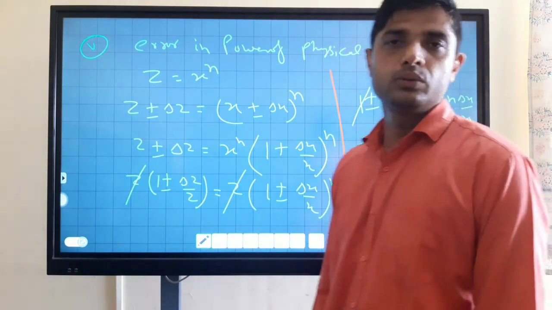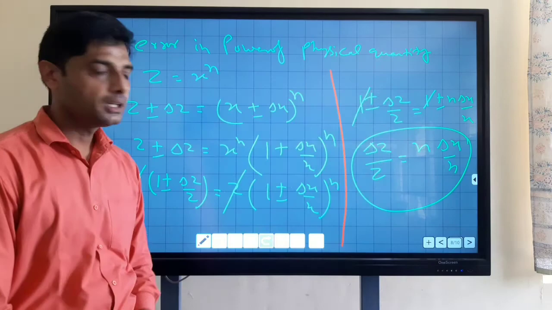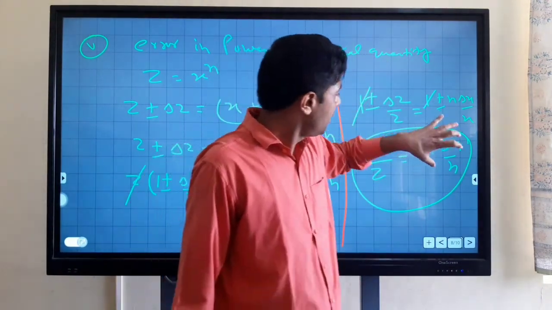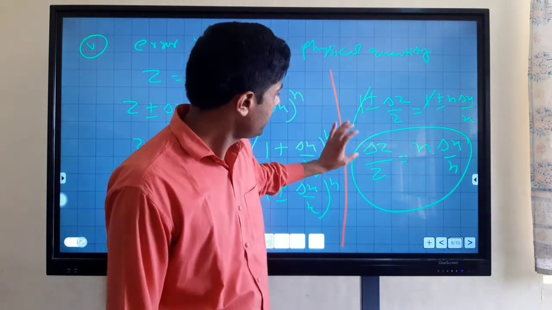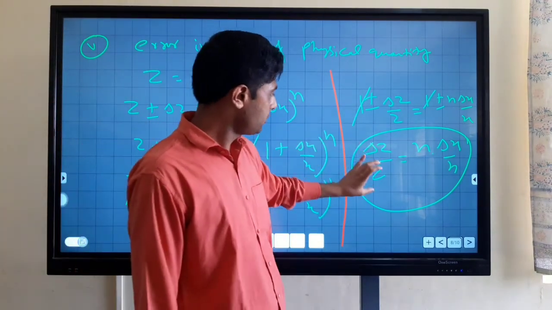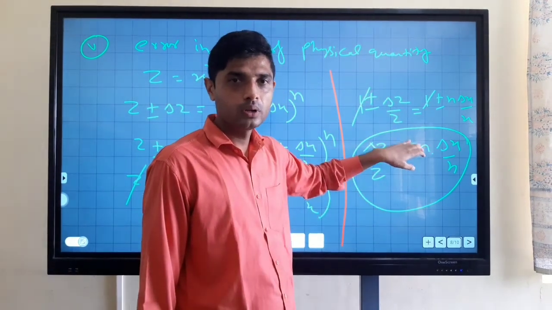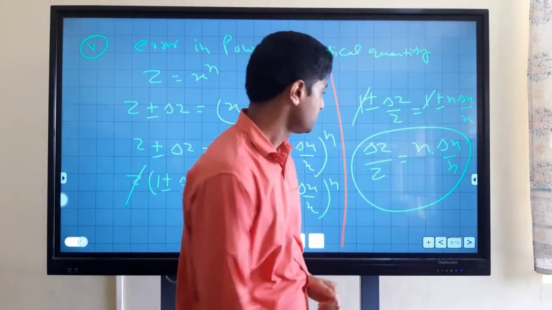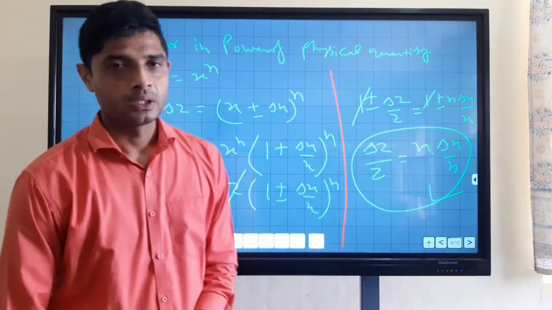So when we have to find the error in the power of a physical quantity, then the power comes in the product of the relative error of the physical quantity. I hope you understood. You have to try numericals based on this formula.